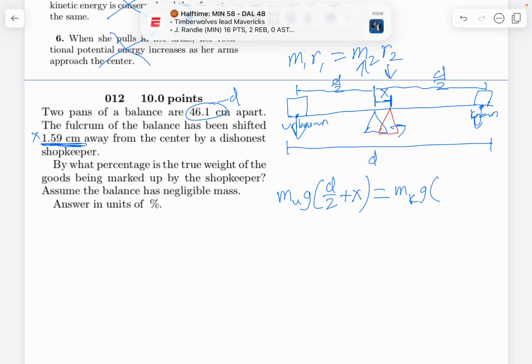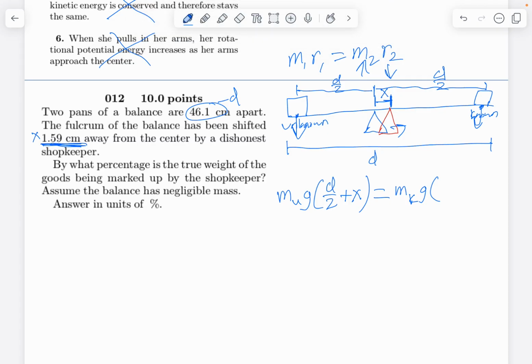So the r is now d over 2 minus x. The g's can cancel out. So it's the mass of the unknown times d over 2 plus x, equal to the mass of the known times d over 2 minus x.